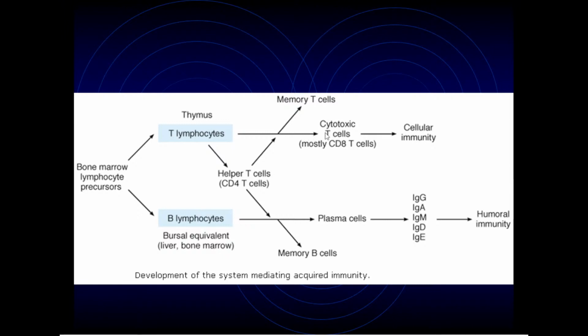And cytotoxic T cells, or so-called killer cells, or T8 cells, destroy transplanted and other foreign cells by cell rupture due to ion uptake or insertion of toxin into the cell.